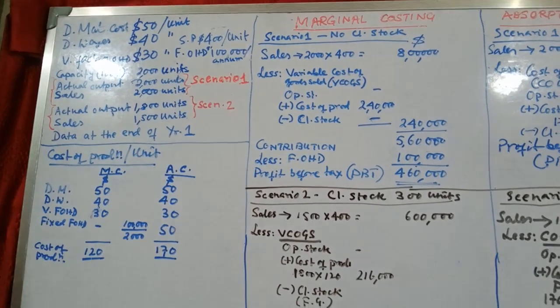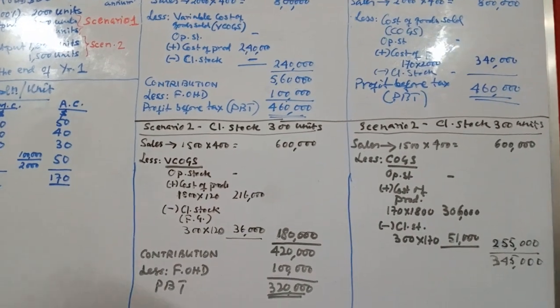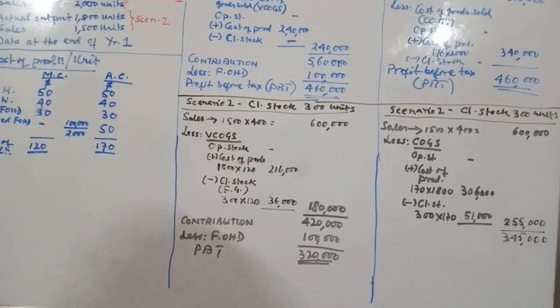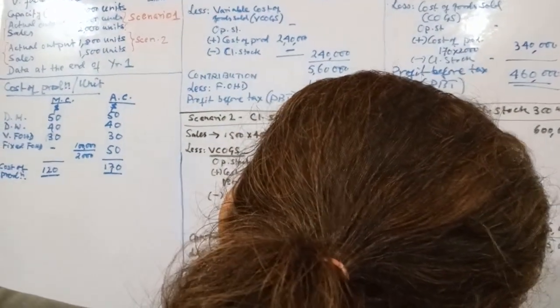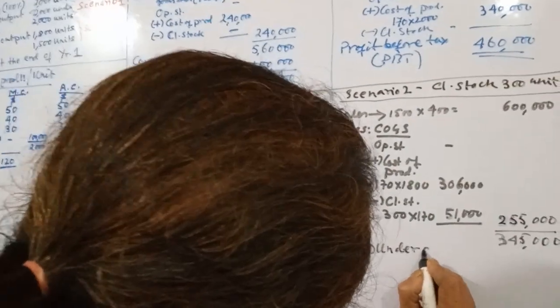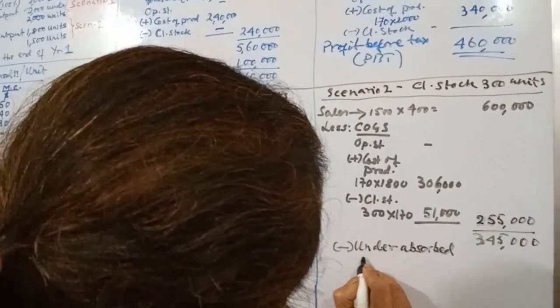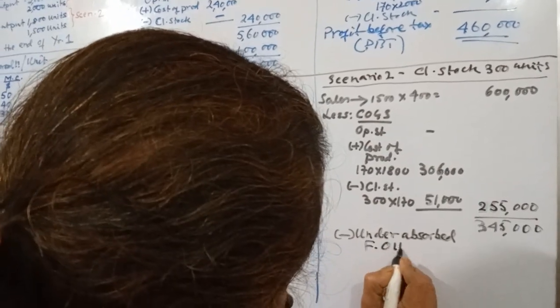That under absorption has to be deducted from here. And what is the value of under absorption? We write here minus under absorbed fixed overhead.